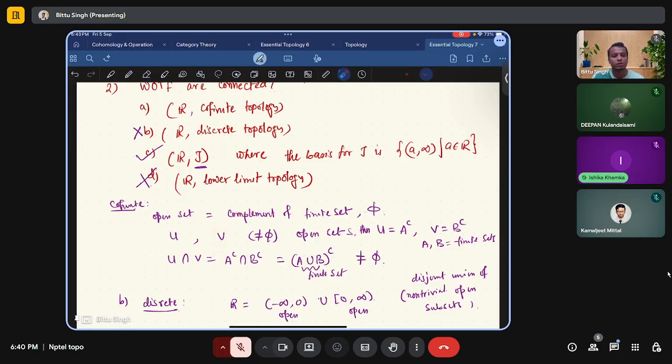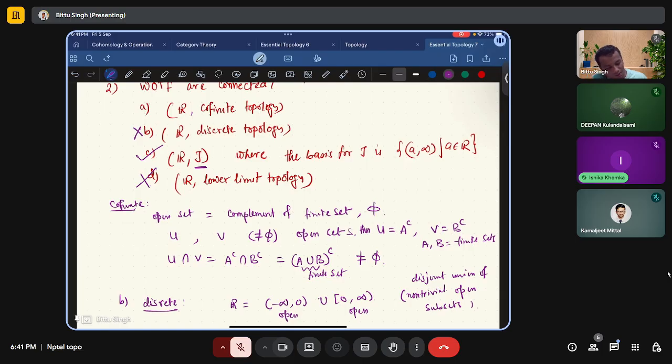Therefore, this must happen, right? They must intersect. This is the proof, because union of some finite sets is finite. Therefore, any two non-trivial open sets always intersect. The same problem happens in this case. Any two open sets intersect. Okay.